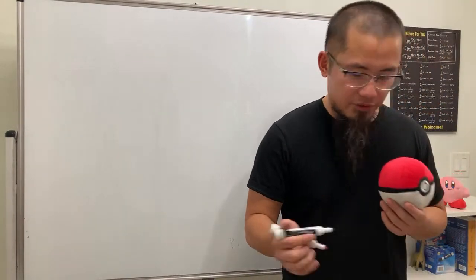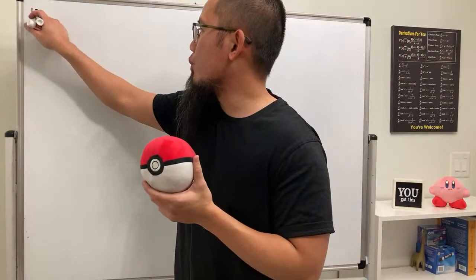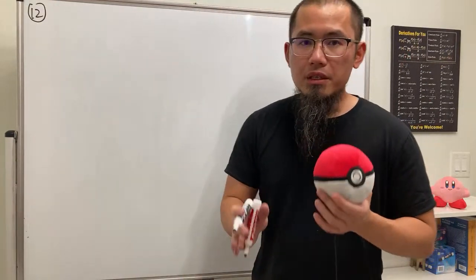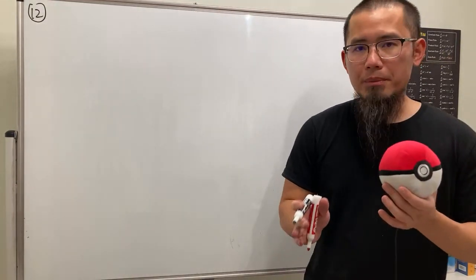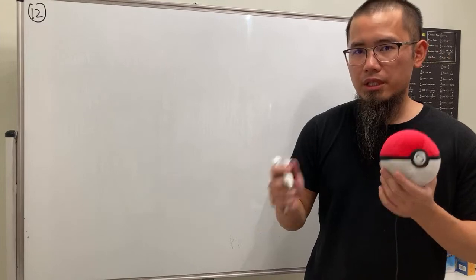All right, another differential equation. This right here will take some time. Number 12. If you guys came here from my main channel because I made a post, here's the deal.